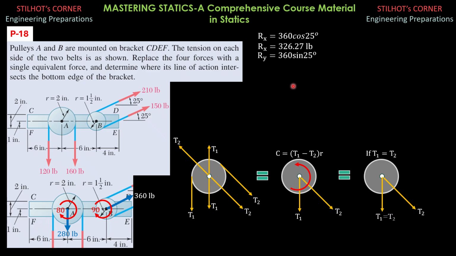So it is equal to negative 127.86 pounds, meaning it's downward, and Rx is rightward. We can now represent the resultant in vector form as 326.27i minus 127.86j pounds.